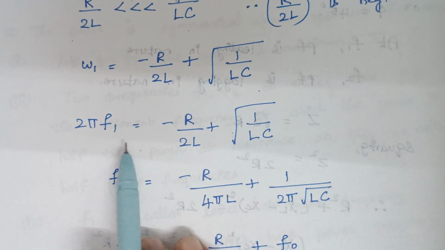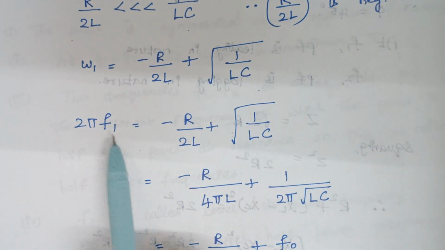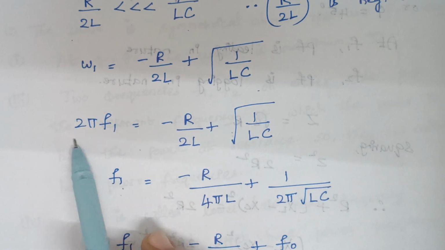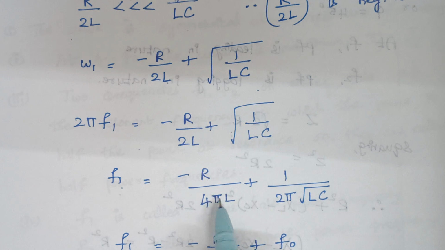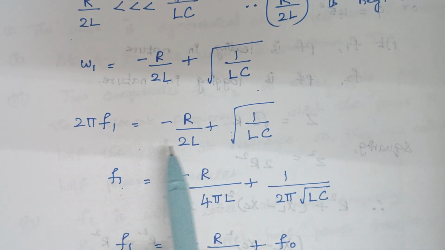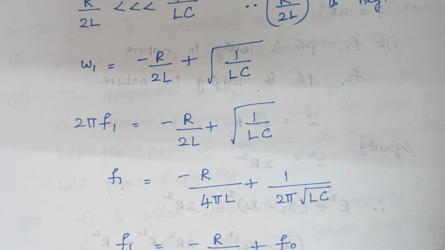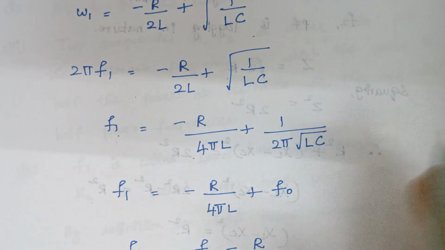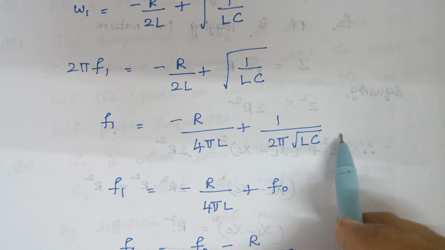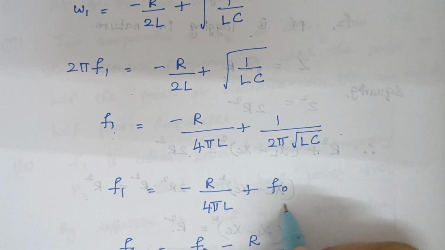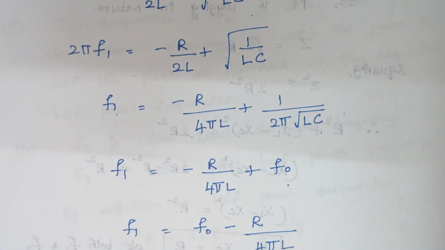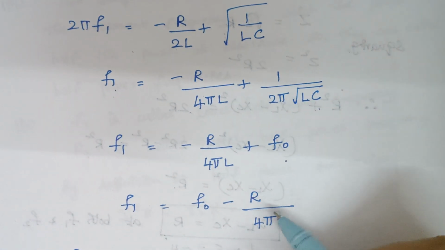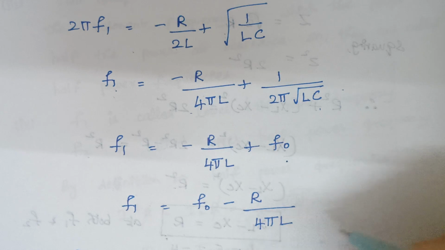So we need only F1. To find F1 we are moving this 2 pi to the right hand side. So 2 pi occupies the denominator part. Therefore this becomes minus R by 2 into 2 pi, which is 4 pi L, plus 1 by 2 pi root of LC. And 1 by 2 pi root of LC is nothing but our F0. Okay. So just replace this term with F0 and finally F1 is given as F0 minus R by 4 pi L here.